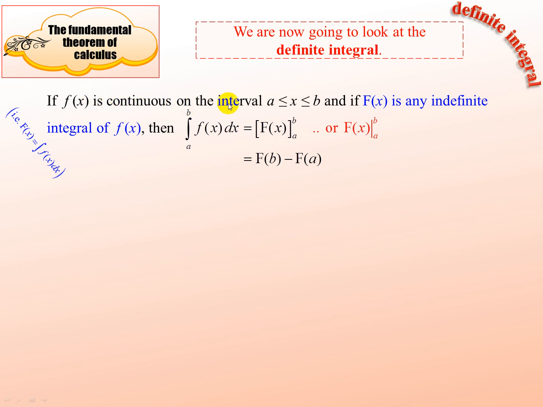If f of x is continuous on the interval a to b, no breaks, and if uppercase F of x is any indefinite integral of f of x, so therefore that is equal to the integral of f of x dx, then the integral from a to b of f of x dx is equal to F of x from a to b.